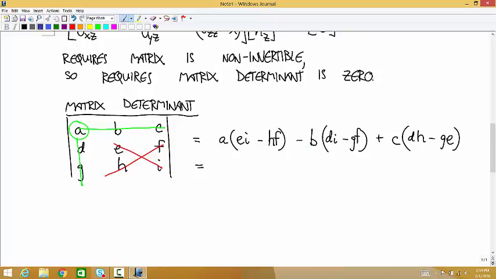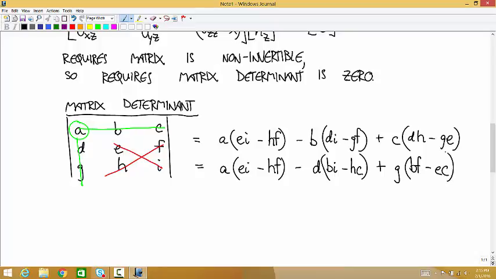You can also do this as A times (EI minus HF), minus D times, do the same kind of thing, (BI minus HC), plus G times (BF minus EC).